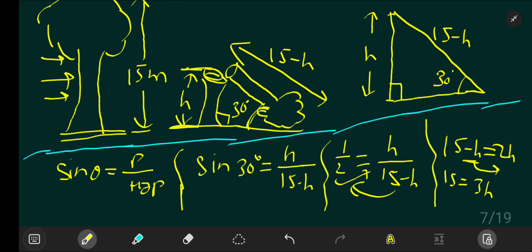Here h is subtracting; when it goes to the right hand side, it becomes addition. So 2h plus h is equal to 3h. 3 ones are 3, 5 threes are 15. Therefore h is equal to 5 meters.